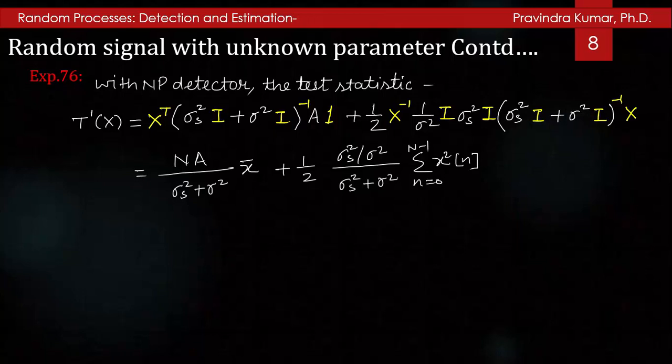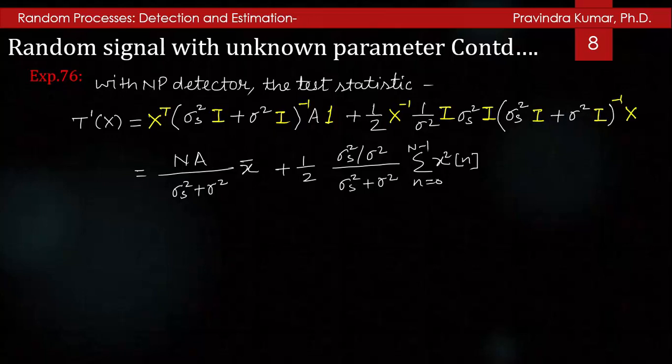So I can also write it as NA by sigma s square plus sigma square into x bar plus 1 by 2 sigma s square by sigma square divided by sigma s square plus sigma square, summation n from 0 to N minus 1 x square n.